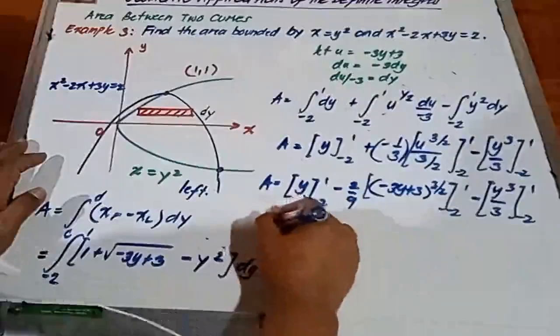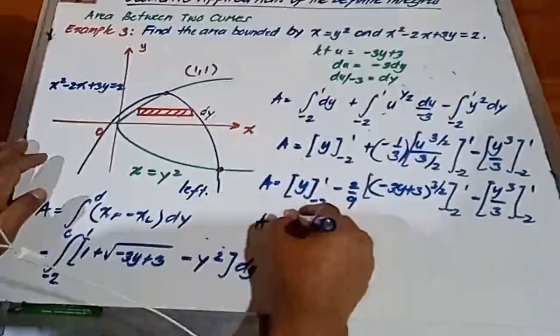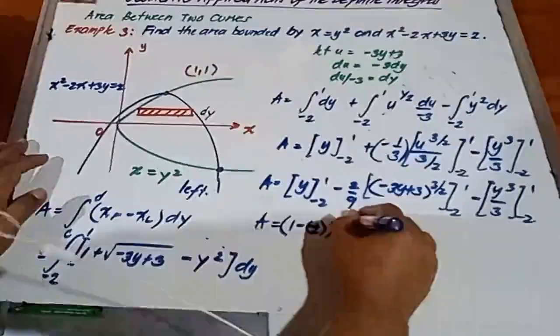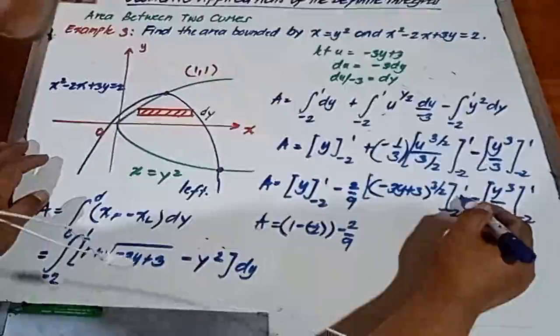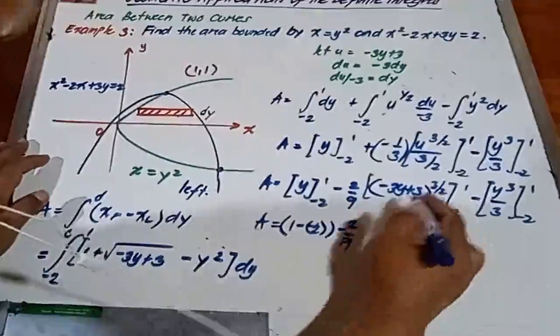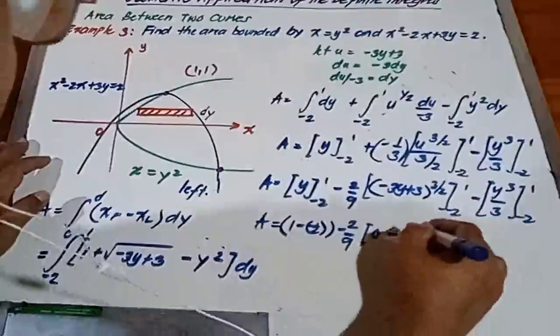Substitute natin yung lower and upper limit. Starting with the upper limit, we have 1 minus minus 2. Ito naman, negative 2 over 9. Nahin natin si 1. Okay? So, negative 3 times 1 is negative 3 plus 3, 0. So, 0 na yan. Minus, ito naman. Okay?